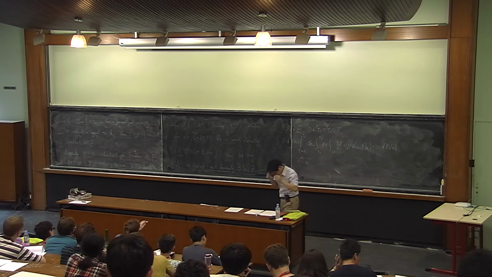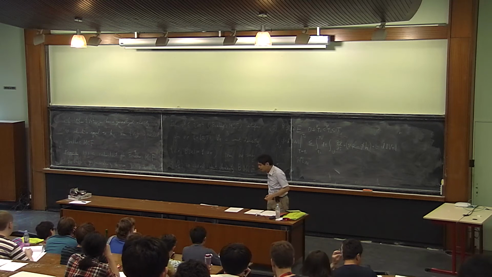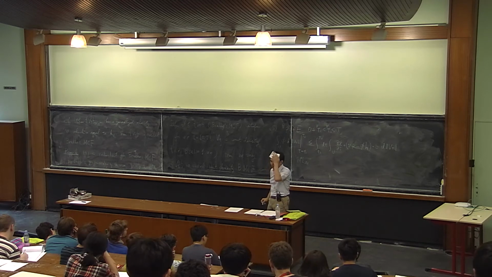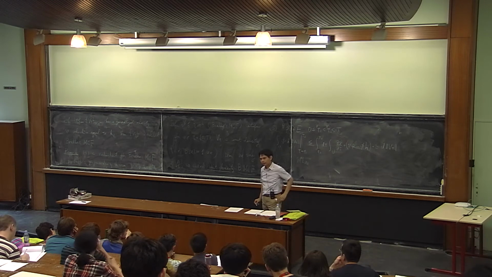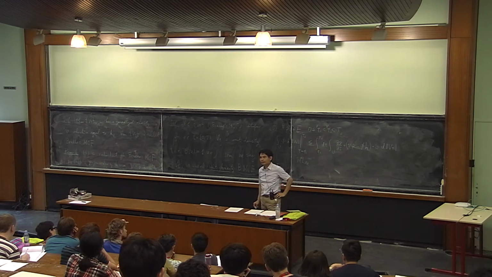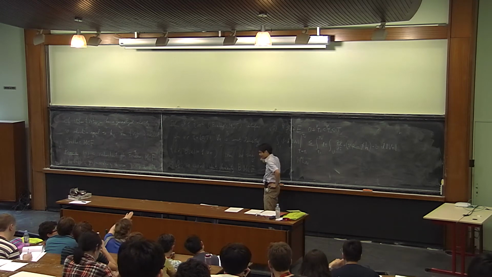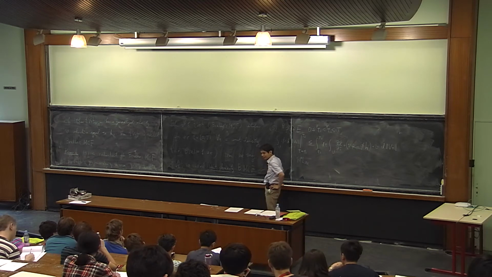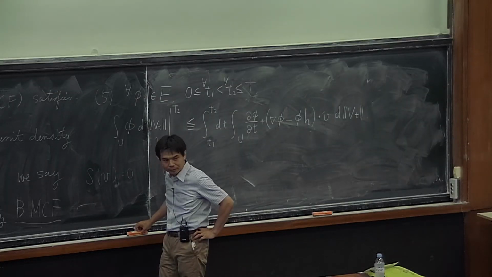When you write S of Vt equal to 0, do you see S as a map, the orthogonal projection?